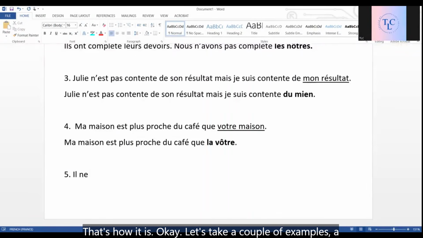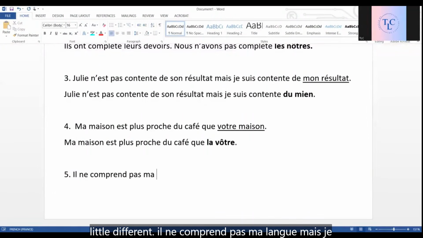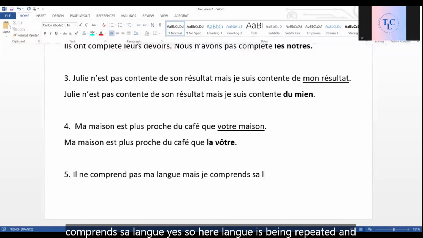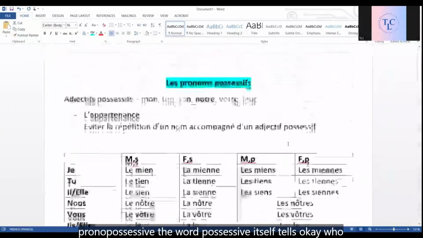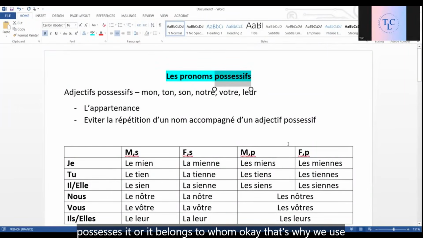Let's take a couple of examples a little different. Il ne comprend pas ma langue, mais je comprends sa langue. So here, langue is being repeated. And obviously, it tells us about belonging. So we have to use pronom possessif. The word possessive itself tells who possesses it, or to whom it belongs. That's why we use adjective possessive and pronom possessif to talk about belonging.